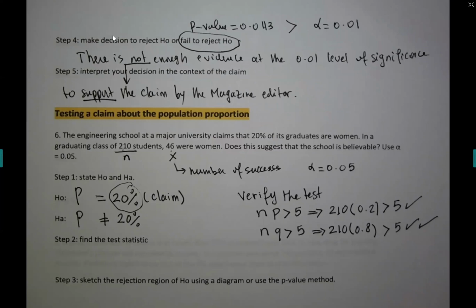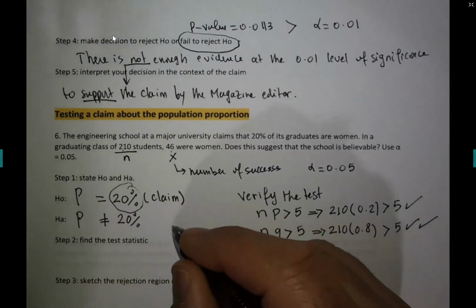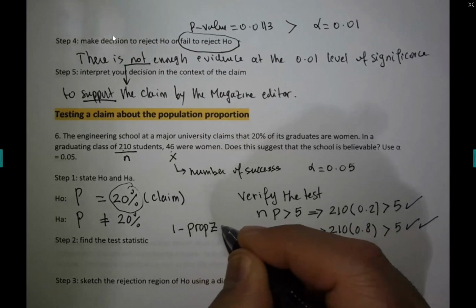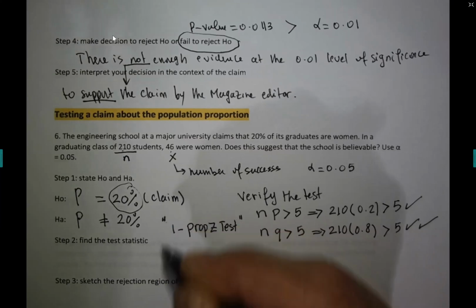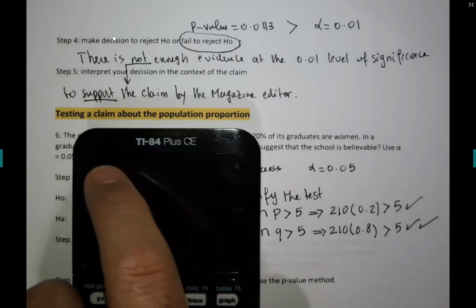So the first step is P is 20%. The second step is P is not equal to 20%. Since this is a proportion, guys, there is only one test on the calculator. It's called one prop Z test. This is the test that you have to use. Let's show it to you.